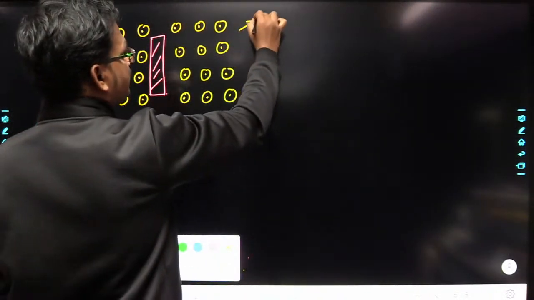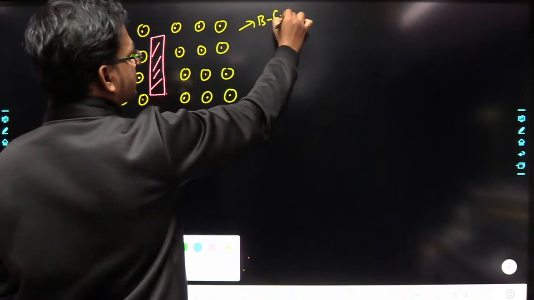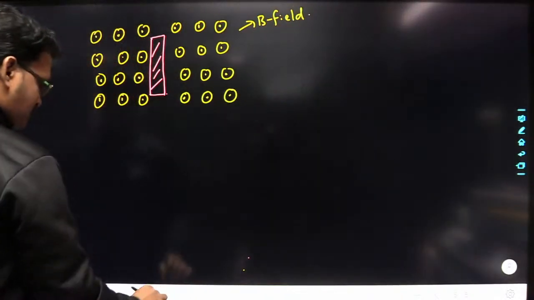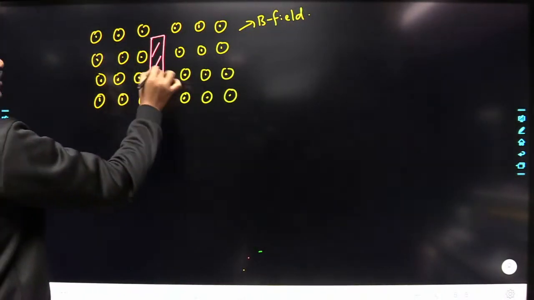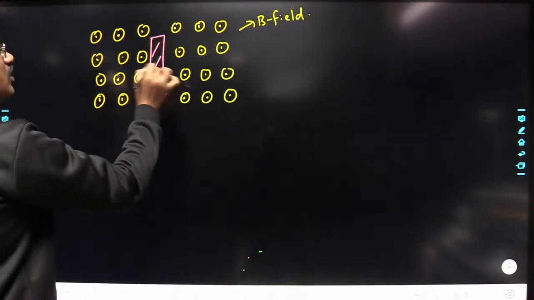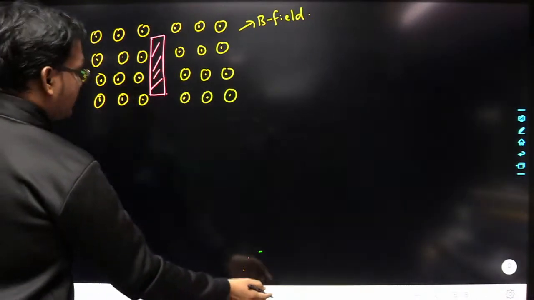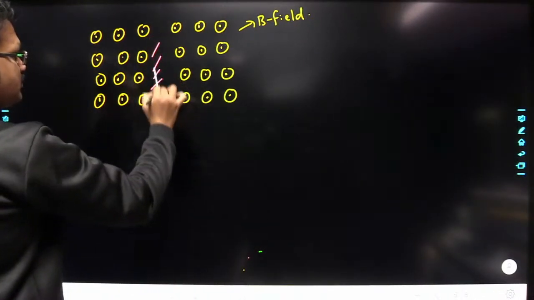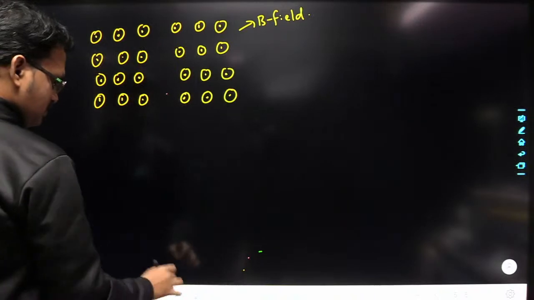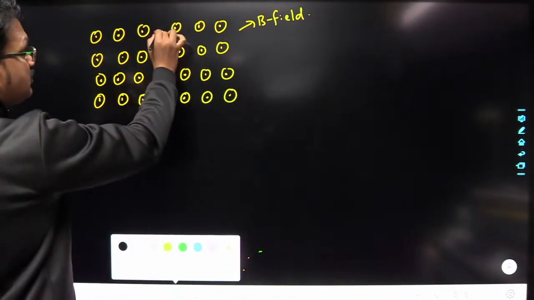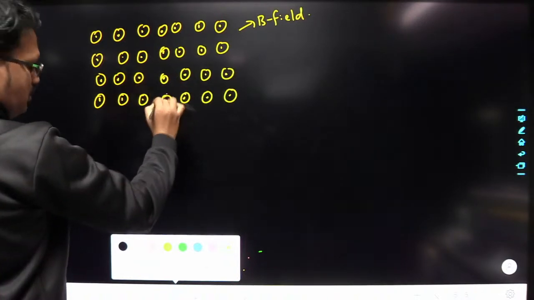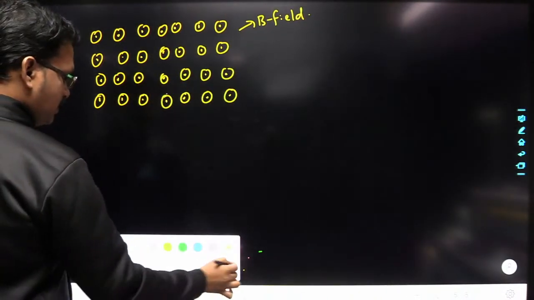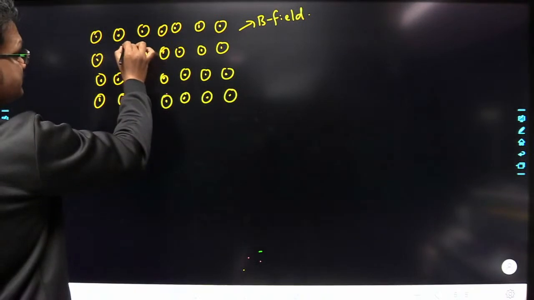So this is the B field here. Now this conducting bar is moving with velocity. I will take the conducting bar in this manner here, not in this manner. So this is the B field. Now I will take the conducting bar like this.